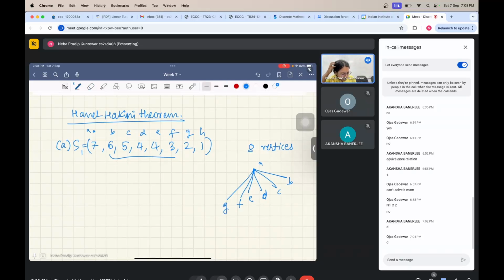So you add 7 edges like that to all the vertices in order. Now let's say I remove this vertex A from the graph and the edges that are incident to it. Then what does the degree sequence become? This becomes 5 4 3 3 2 1 0.